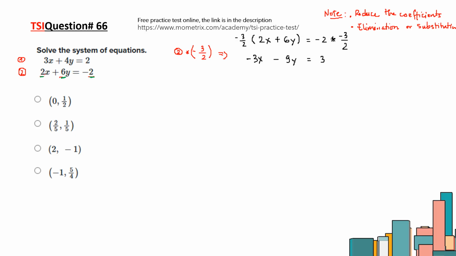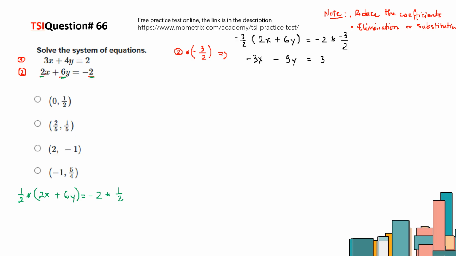For 2x plus 6y equals negative 2, I reduce it by half, so I multiply by 1/2, or divide both sides by 2. It's the same thing.